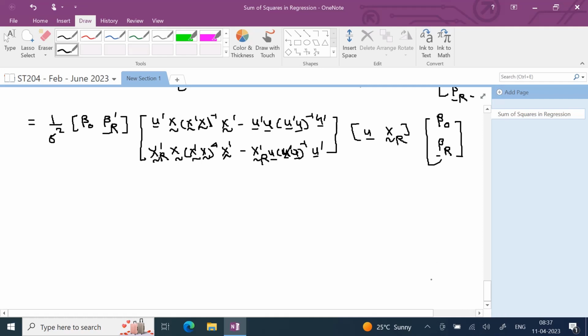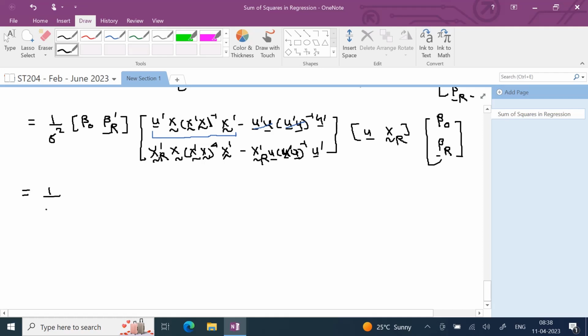So can we do something about this? From the earlier result, we know that this U prime X, X prime X whole inverse X prime is basically U prime. We had proved it. If you go back, you can check it. And here U prime U and U prime U inverse will get cancelled, so I again have U prime. So I have U prime minus U prime, and my first term becomes simply 0.